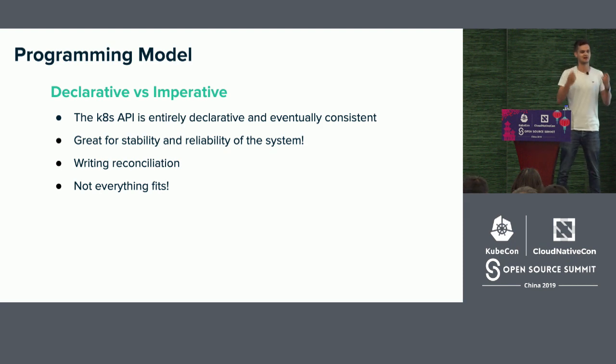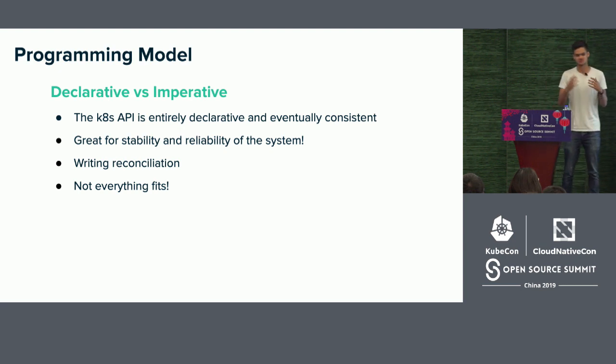It's a completely different paradigm of writing software. Your service is probably a RESTful service, and it's request and response, talking to a database, maybe talking out to some other services through RPC or more REST calls. However, writing a controller is writing a reconcile function that is watching an API and converging state. It's a very different way of thinking and writing software.